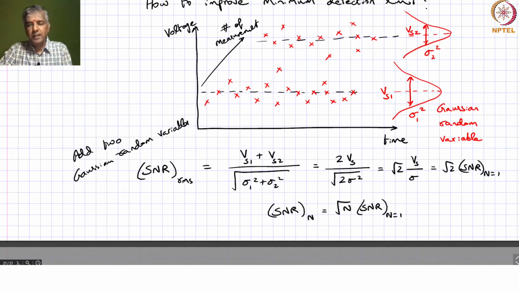So, that is actually a fairly powerful way of improving the signal to noise ratio of your optical sensor. So, you basically do n measurements and through that you improve your signal to noise ratio. And this is a very powerful concept that is used in what we saw previously at the beginning.